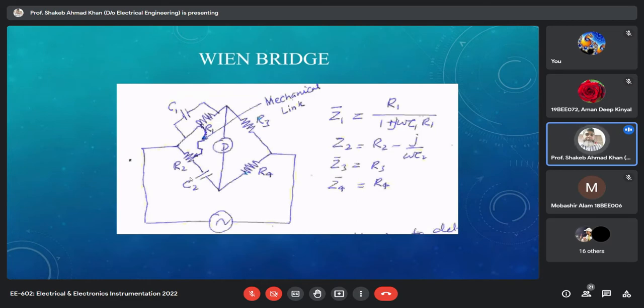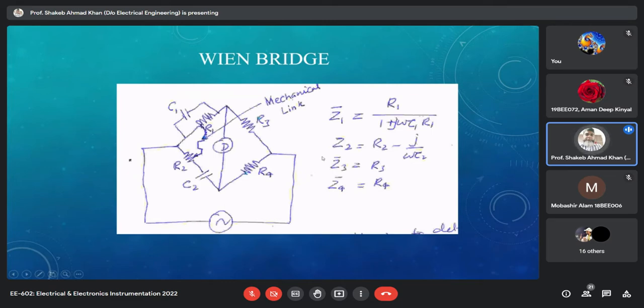Once your bridge is balanced, obviously all 4 arms should be known. The value of the arm components should be known. Unknown is your frequency. So how can we get the formula, we'll see.